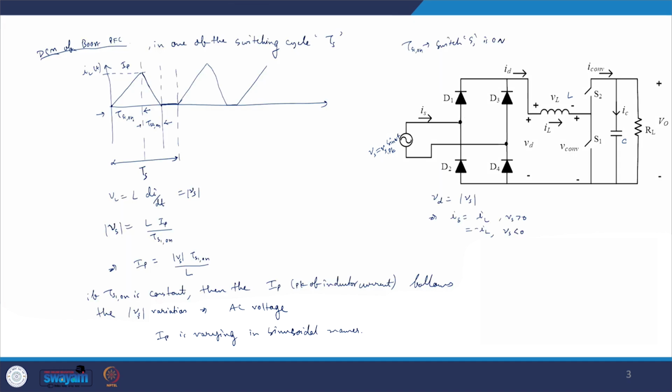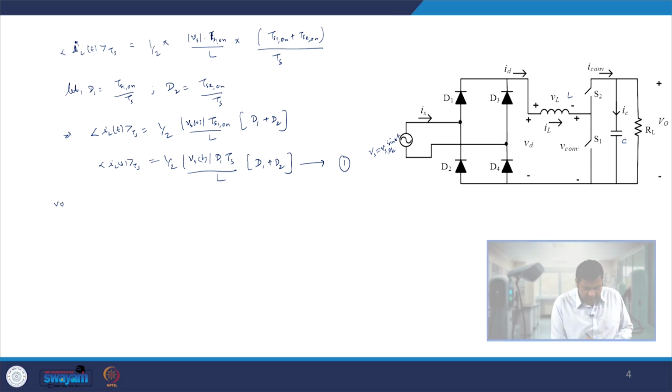Similarly, since the current goes from 0 to the top and then comes back to 0, we can also apply volt-second balance in this case.